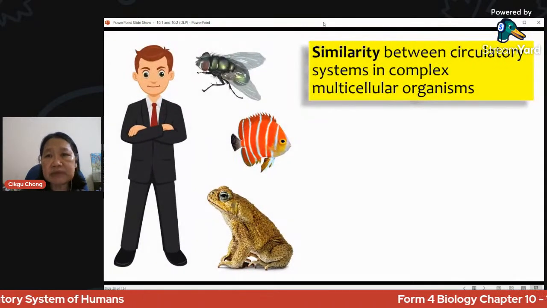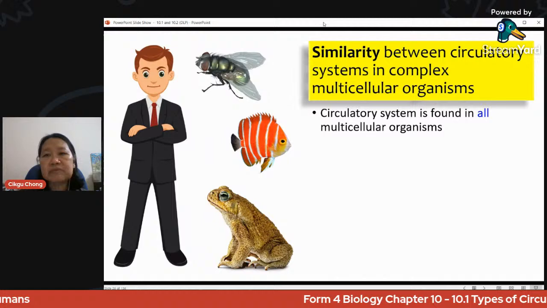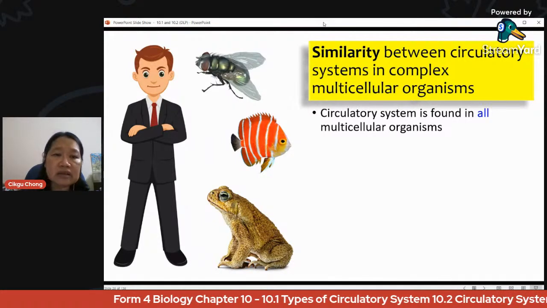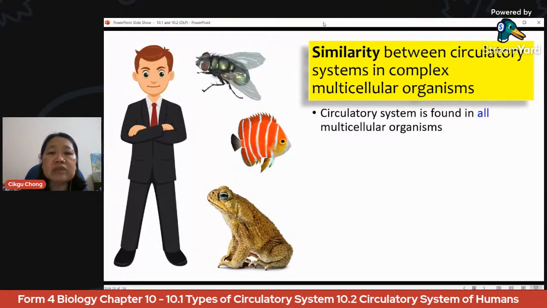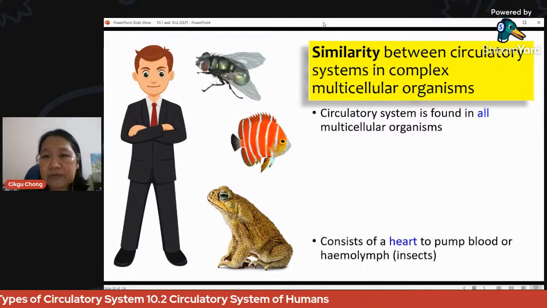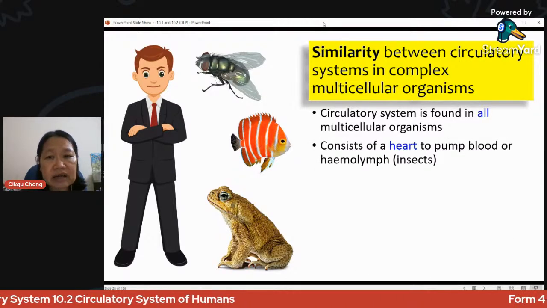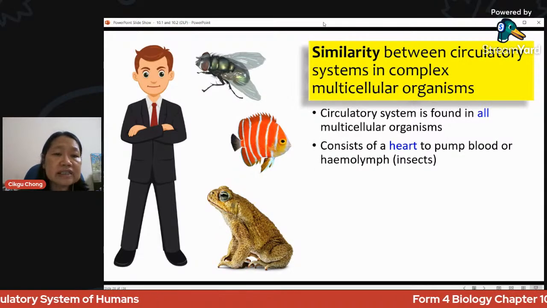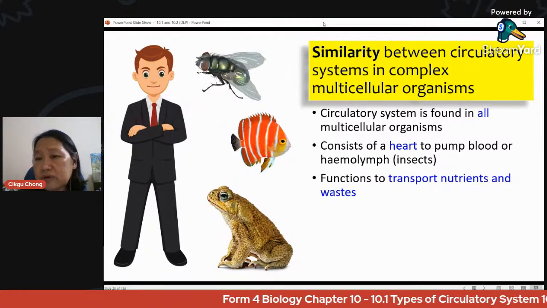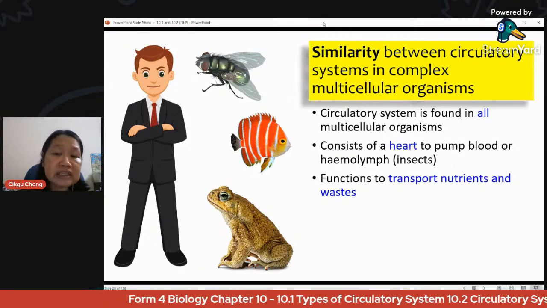Okay, so now let's look at the similarities between all these types of circulatory system, the insect, the fish and so on. They have a circulatory system because they are not single-celled, they are multicellular. It consists of a heart, at least one heart. For the insect, there will be more than one. And then it has hemolymph for insects, and blood for humans.